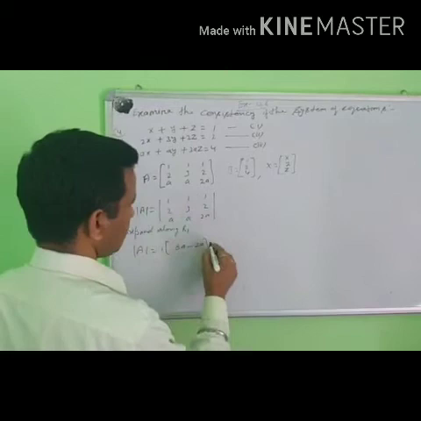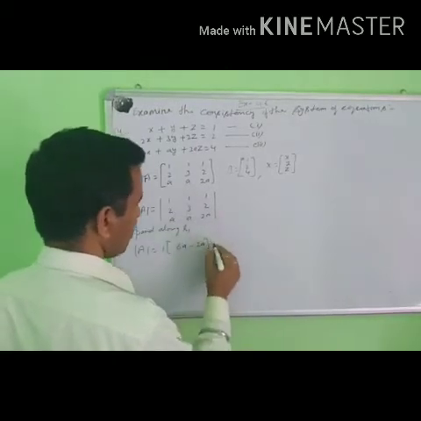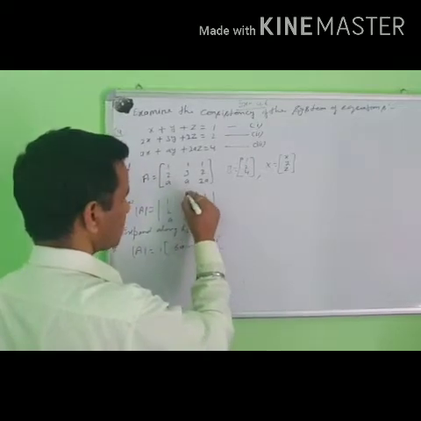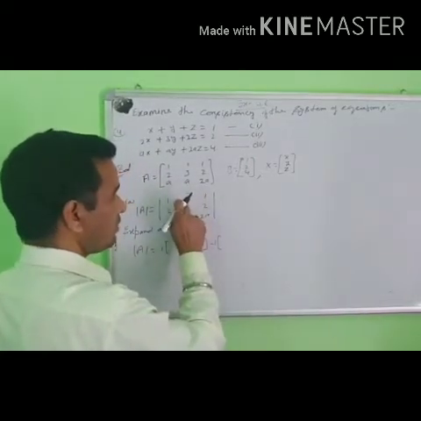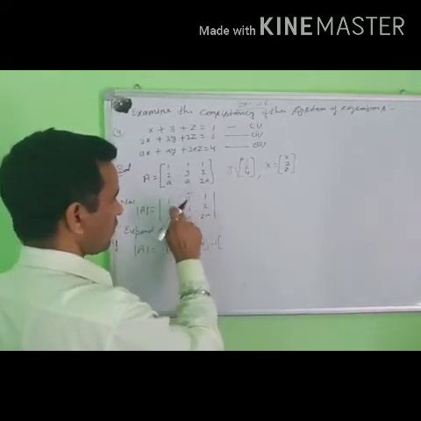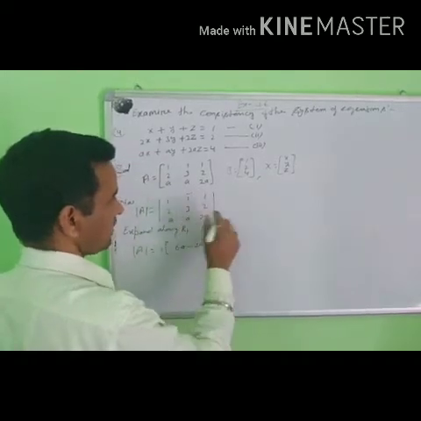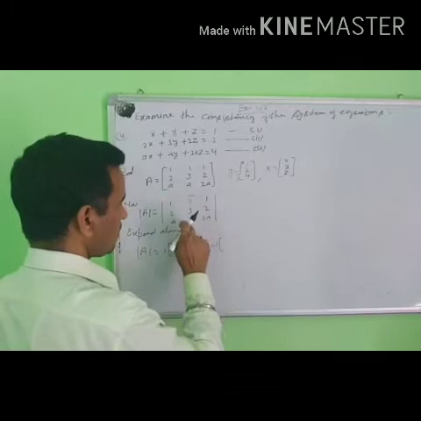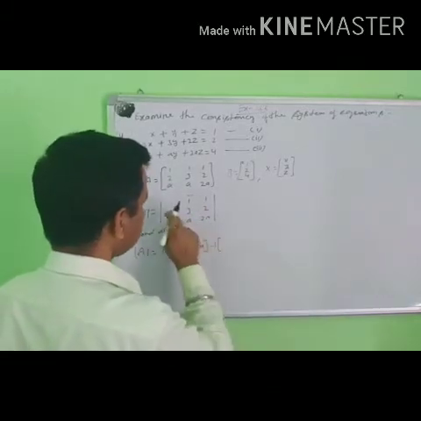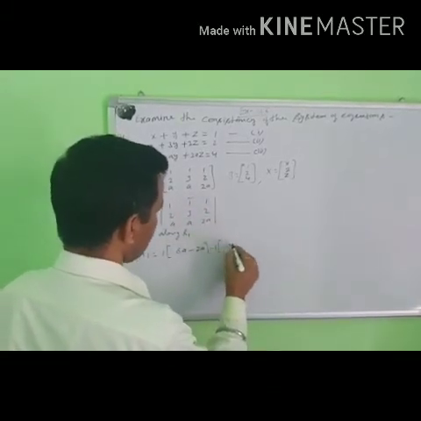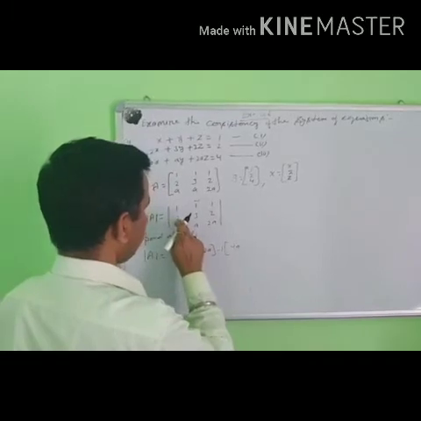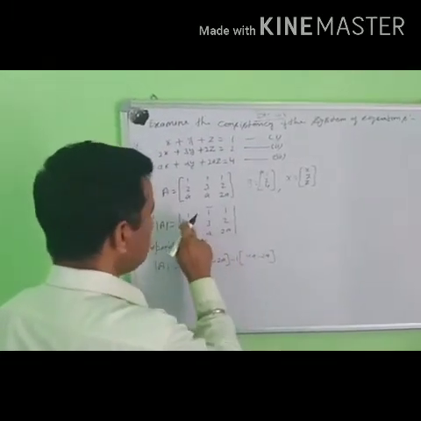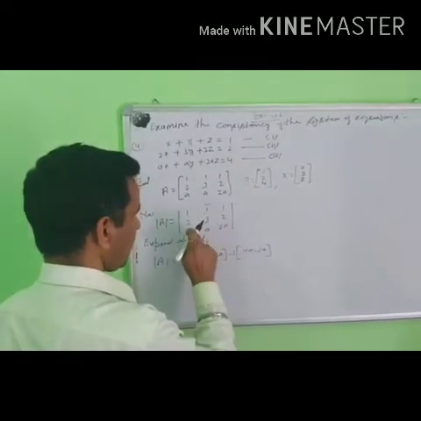Then keeping the sign table in mind, plus minus, the next element has sign minus, the first row and second column are hidden. What is left here is 2 times 2a, which is 4a, minus 2a.